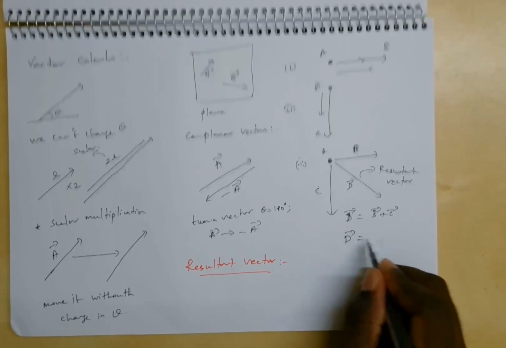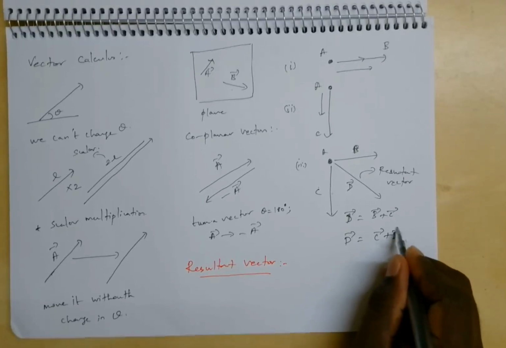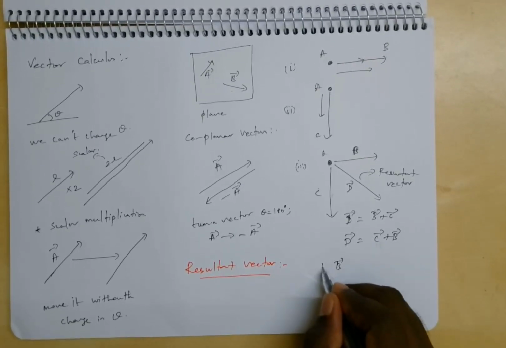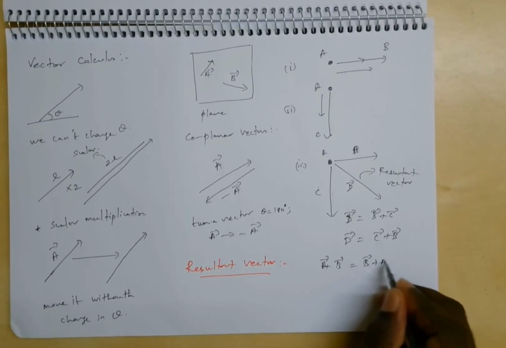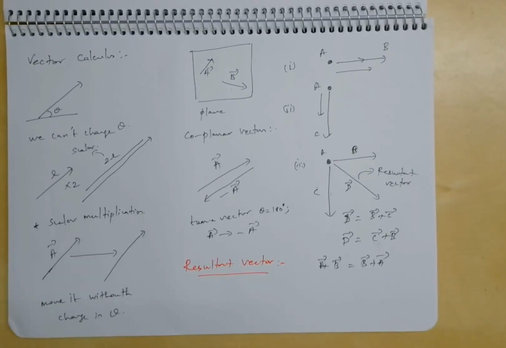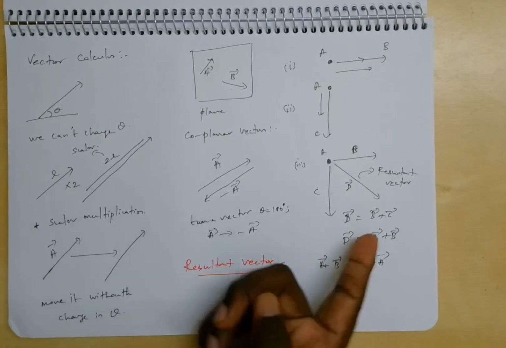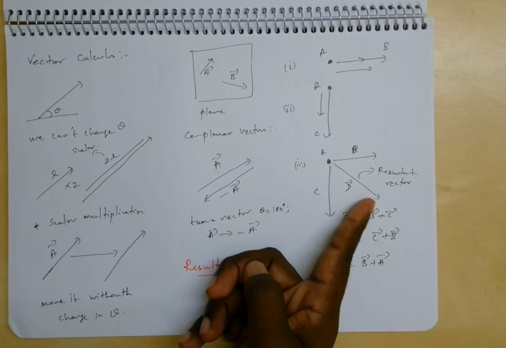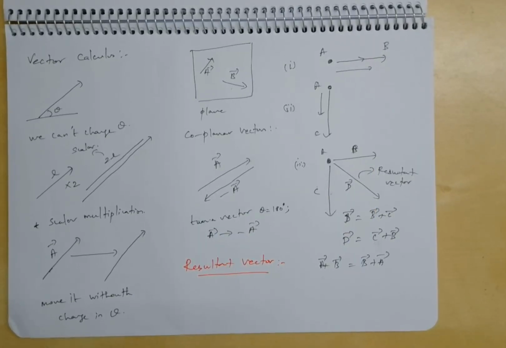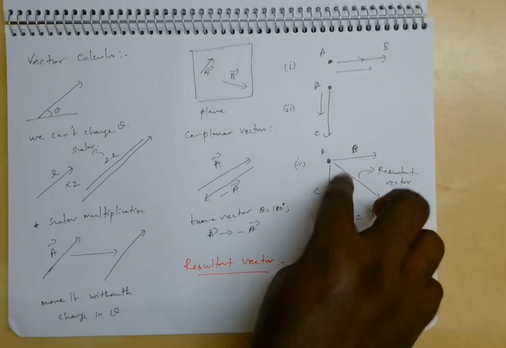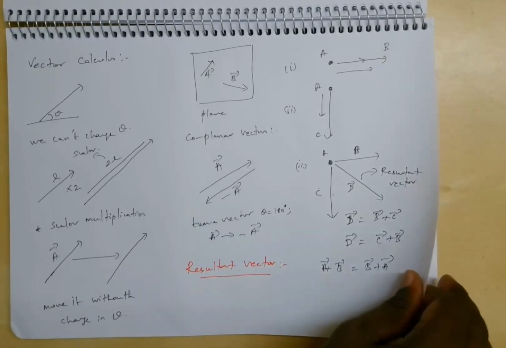So B plus C or C plus B, both are the same. But remember, nobody is pulling in this direction. Now we'll look at why this person is going in this way.